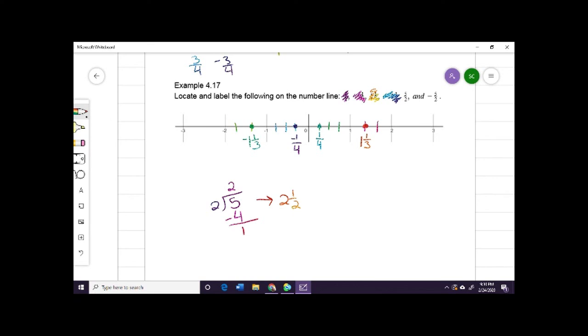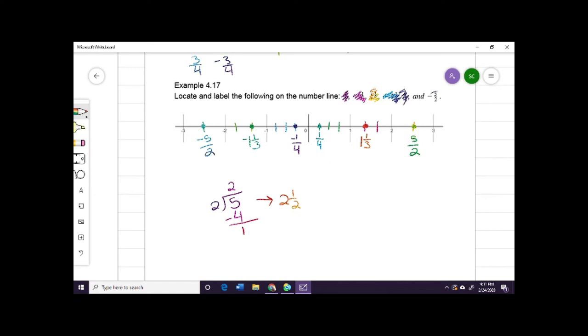Okay, so from 0 for the positive, I'm going to go 1, 2, and another half of a space. 5/2. And then for the negative, I'm going to do the same, but in the opposite direction. 1, 2, and another half of a space. So here is our negative 5/2.